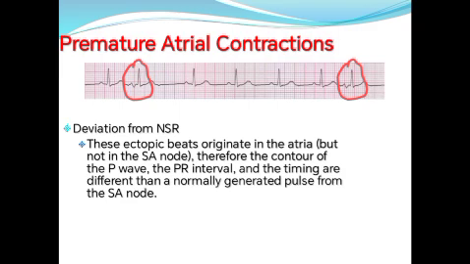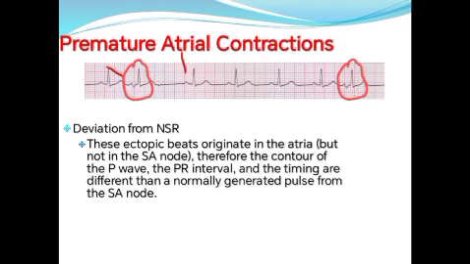So it will give us a different contour of the P wave, the PR interval will be different, and the timing is different. So here, if you see this P wave in this circle, the first circle, the RR interval is not equal.